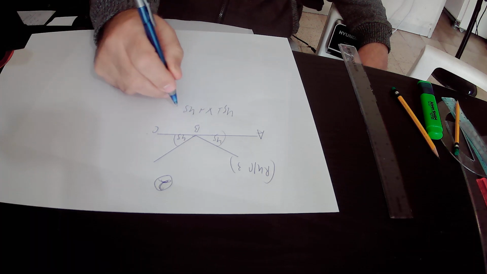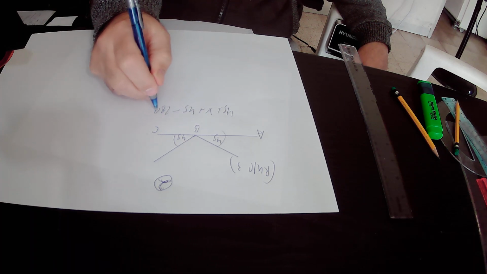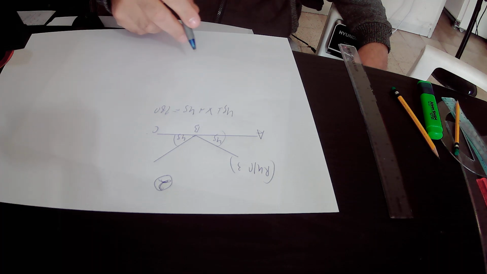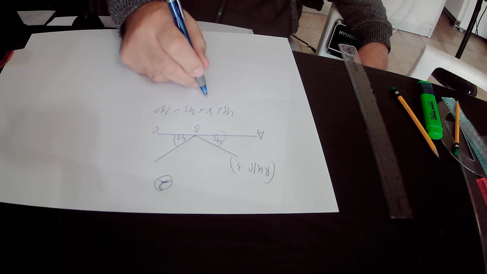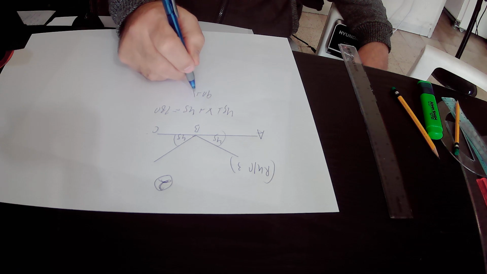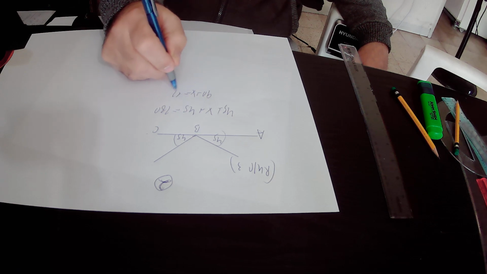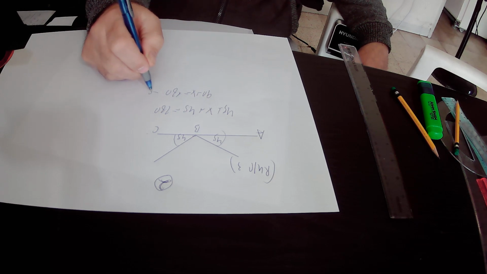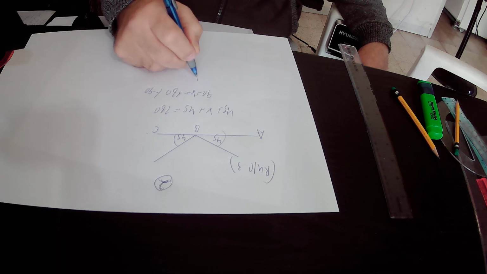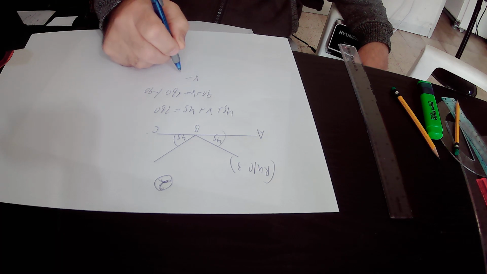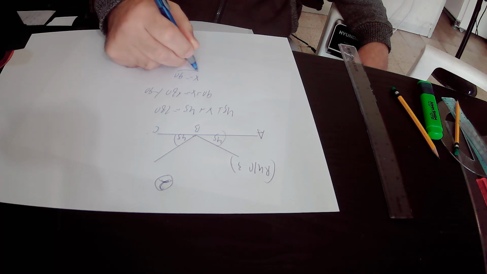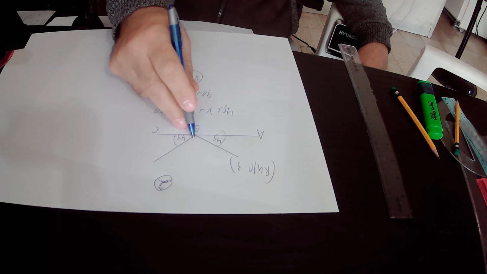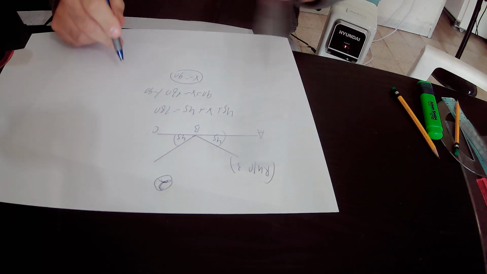In total, the sum of those three angles must be equal to 180 degrees according to rule number 3. So 45 degrees plus 45 degrees is 90 degrees, plus x equals 180 degrees. We subtract 90 degrees from the equation, and finally we get that x equals 180 degrees minus 90 degrees, that is 90 degrees. So the missing angle here must be equal to 90 degrees in its size.